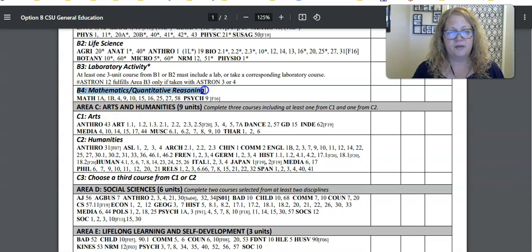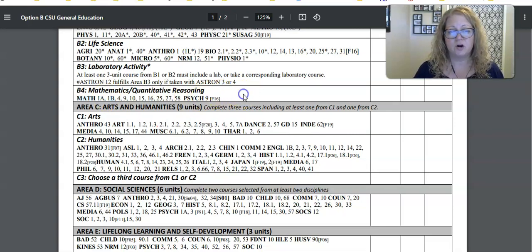B4 is your math, and math is determined by your major. So if your major tells you that you need to do a specific math, then that's what you're going to do. Let's go with that bio major. Most bio majors have to take calculus. And so the math 1A, 1B is what is already on the GE sheet. And so you'll be taking those for your major. And so you're meeting that requirement with your major.